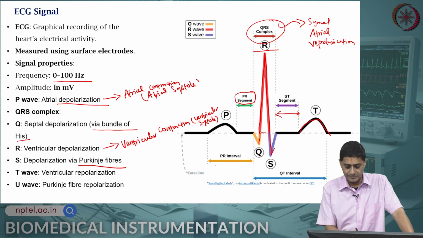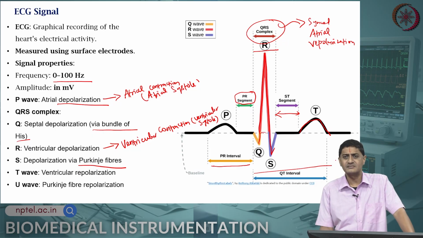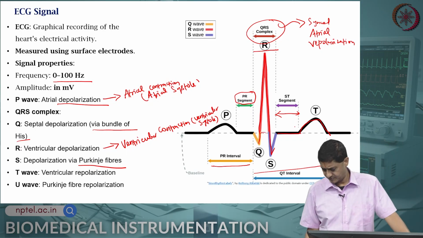Also the PR interval and the QT interval. The time between the end of P and before the beginning of Q is the PR segment, and this relaxation period between the end of S and the beginning of T is the ST segment, but between Q and the end of T is called the QT interval. All these things have physiological significance.